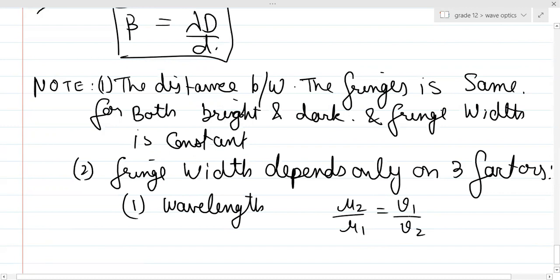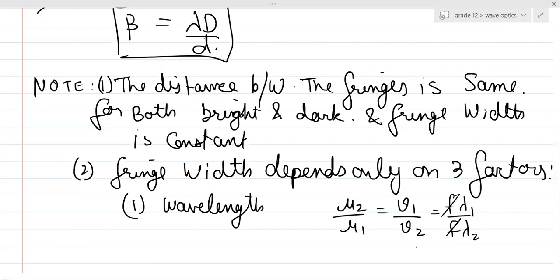And v1, v2 can be written as f into lambda. Velocity and lambda are directly proportional, because on changing the medium the frequency doesn't change but the wavelength changes, right? So the same relation goes for lambda 1 and lambda 2.